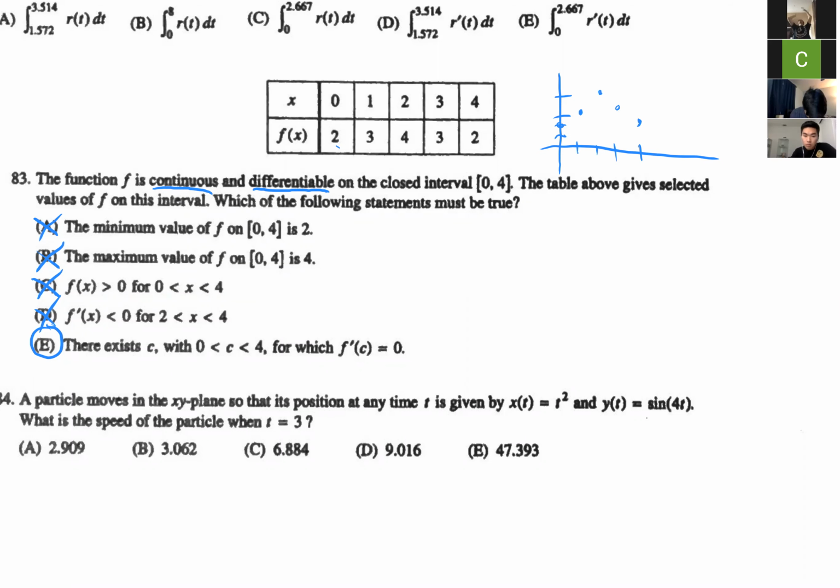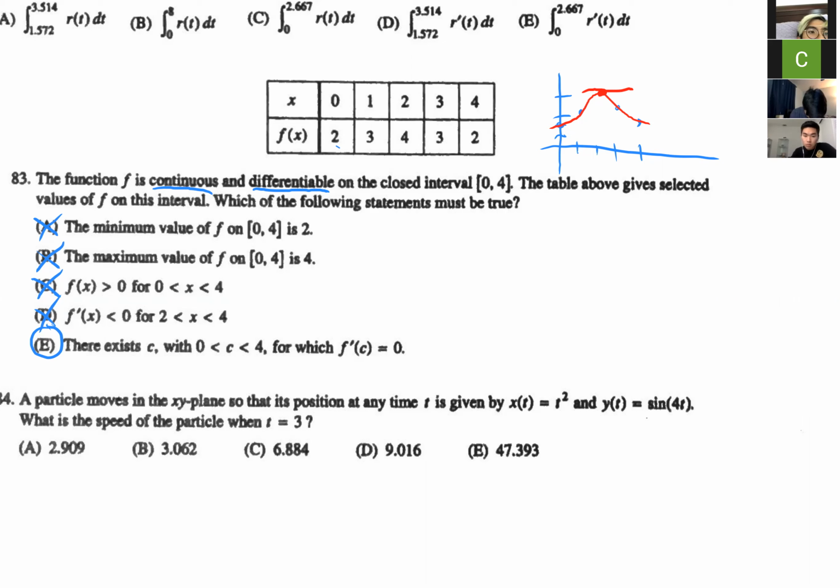It can't be a pointy place, so at some point it has to have a gradual change in slope. Somewhere, to start going down, there has to be some point, I don't know if it's right here, but somewhere it would have to have a tangent line that has a slope of 0. So E would have to be true. There's no way that it could not have a slope of 0, because it's differentiable at every point in the interval, which it says in the directions.